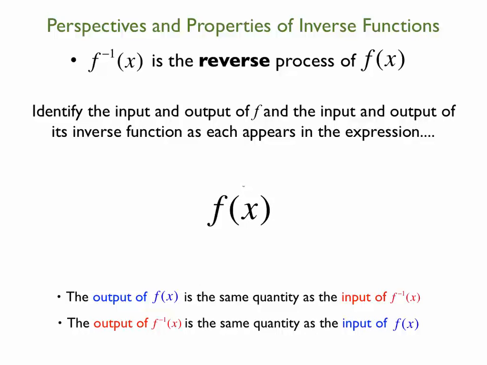Okay, so here's some notation for the function f. In that notation, where do you see the input of f? He wants x. Agree with that? That's the input of f.